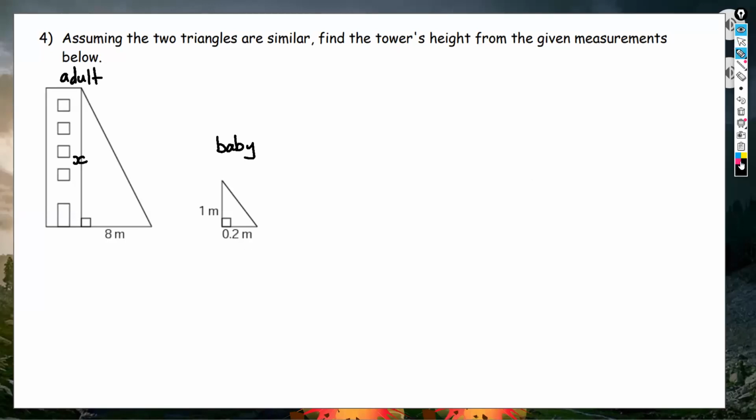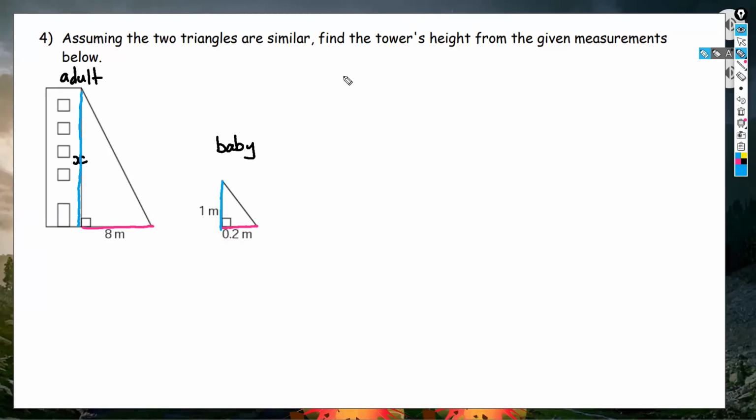So let's look at the corresponding sides. Remember, this 0.2 will correspond with the 8. And this 1 will correspond with the letter X. So let's take the pink ones first. It doesn't matter if you pay attention to the pink first or the blue first.